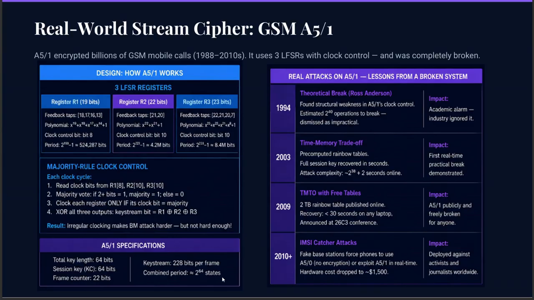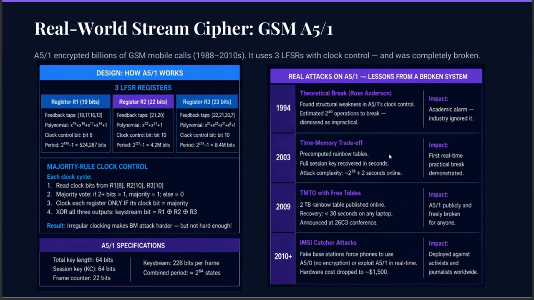For many years, A5/1 was believed to be secure, but eventually researchers discovered its weaknesses. In 1994, theoretical weaknesses were published. In 2003, a practical attack successfully recovered the session keys. In 2009, large rainbow tables made attacks much faster.